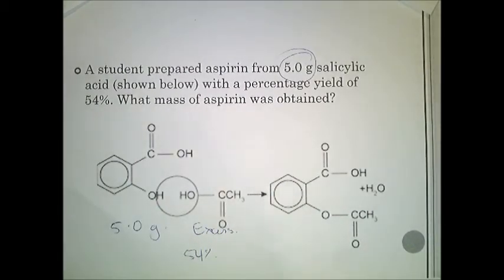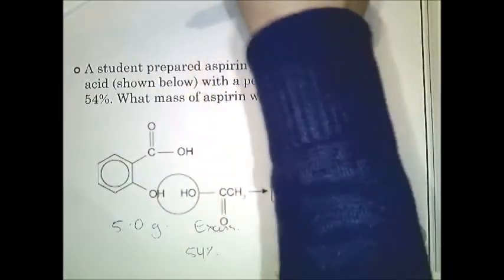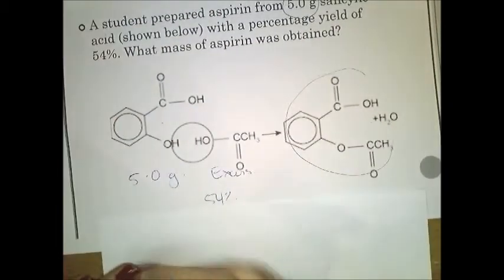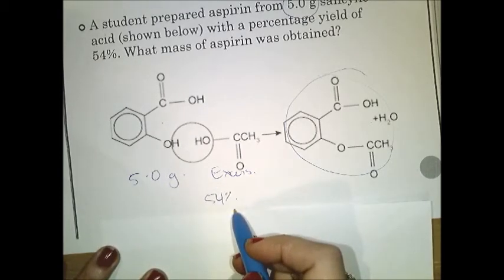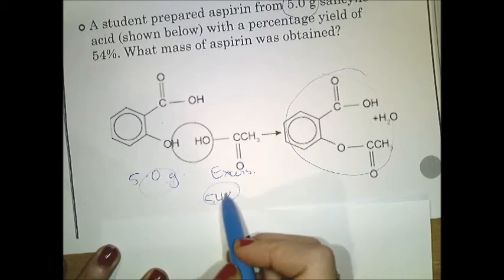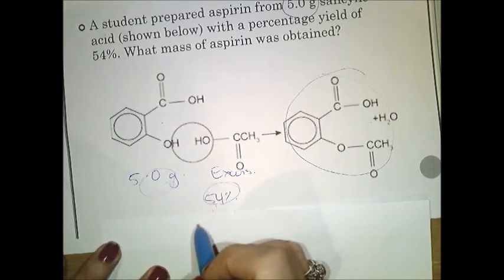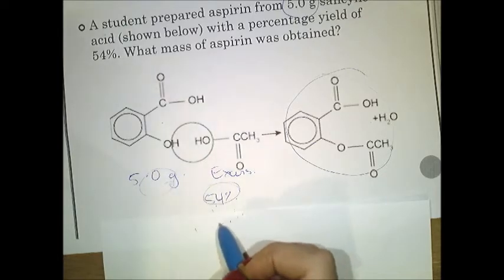So what mass of aspirin is produced? Let me just grab a piece of paper. There are a number of ways you can think about this. You can work out 54% of 5 grams because that is the only mass that's going to react. All the rest will remain unreacted.